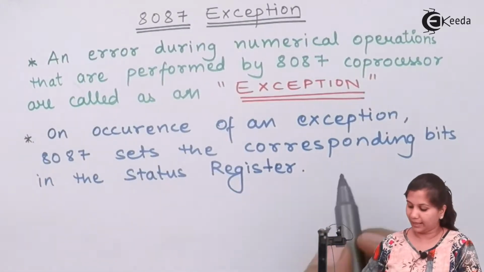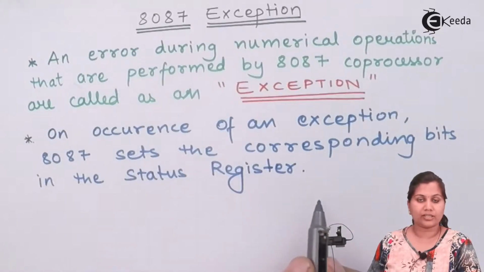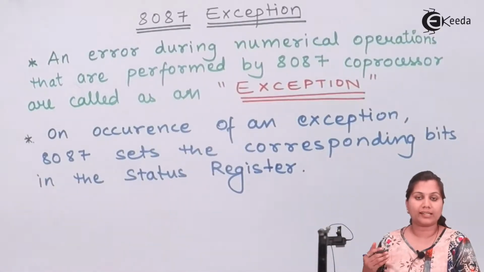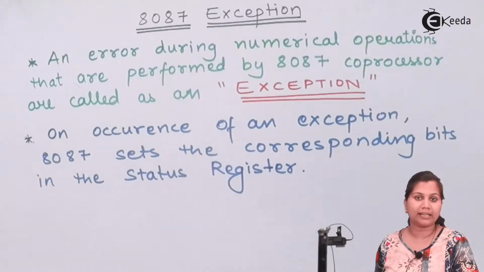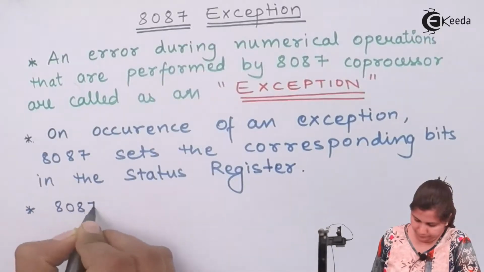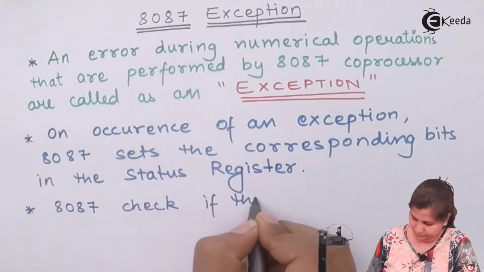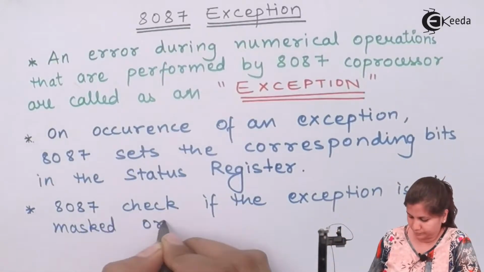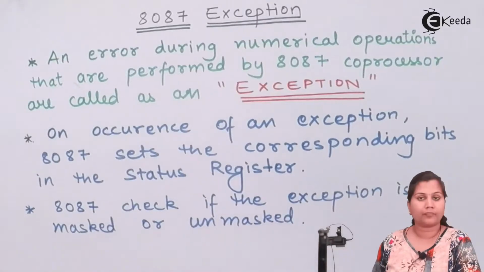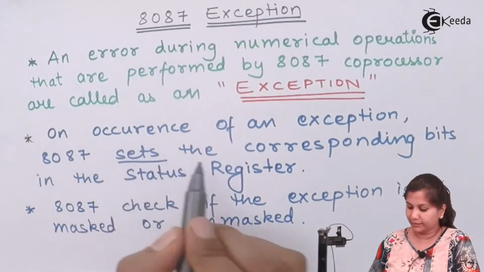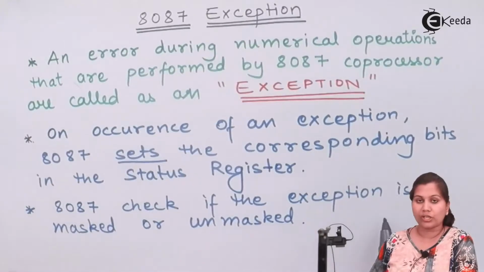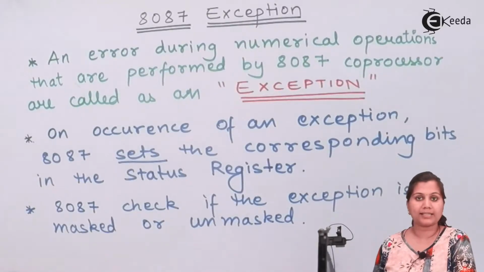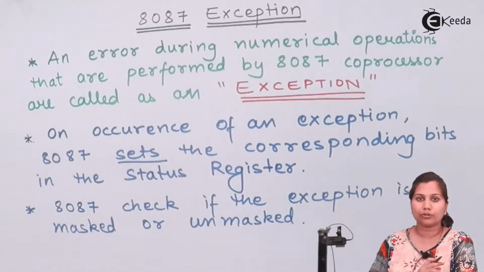Now, after setting that bit in the status register, the 8087 is going to check whether that error is masked or unmasked. This masking and unmasking is specified by the bits in the control register.